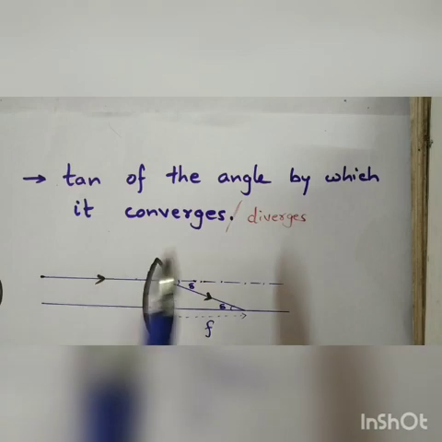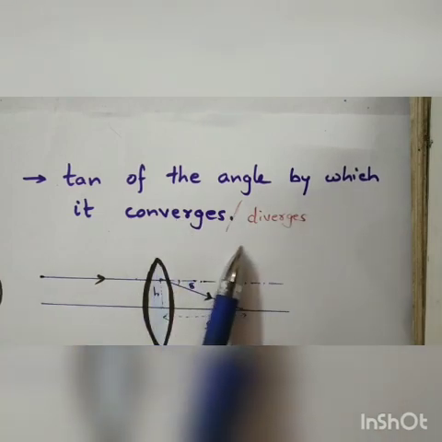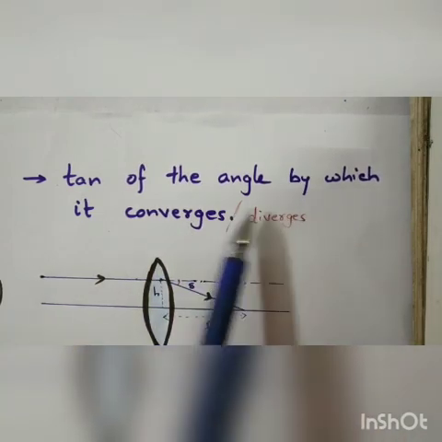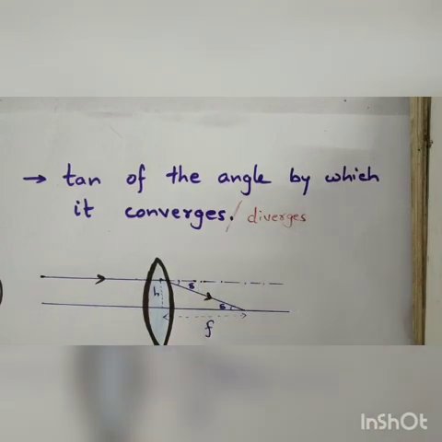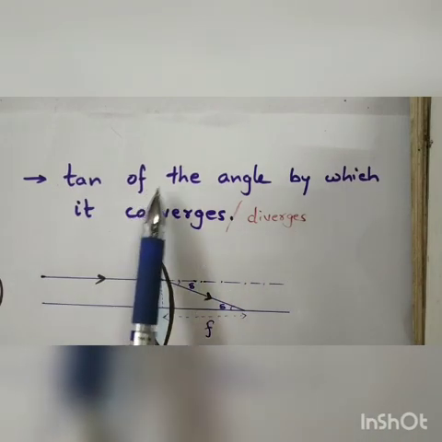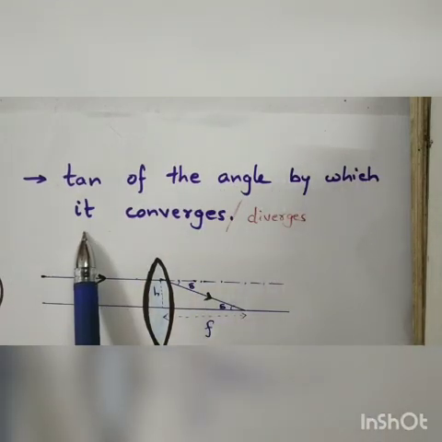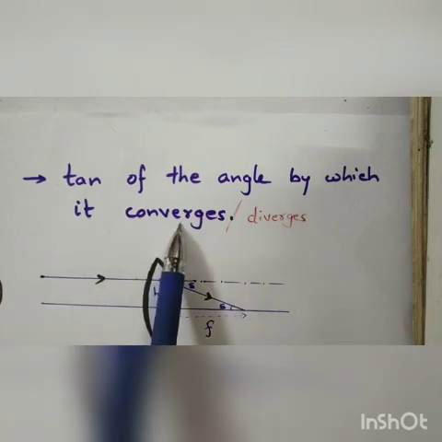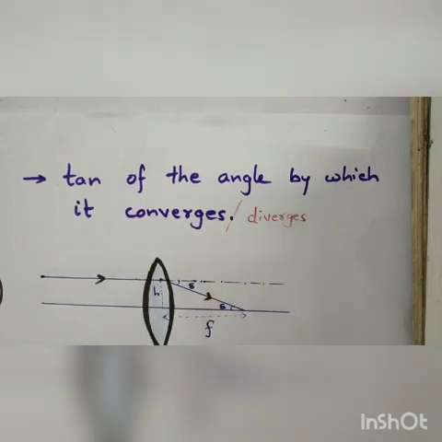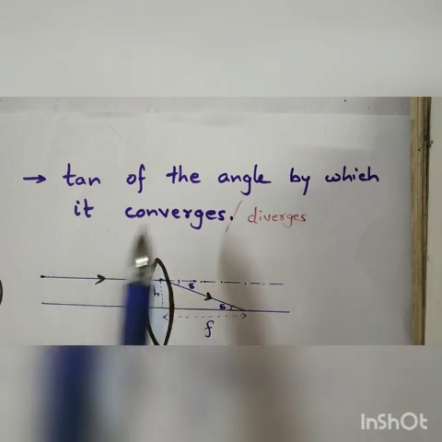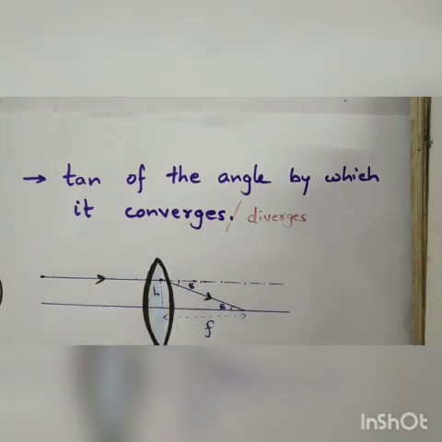For a concave lens, it diverges. So if you are talking about a concave lens, instead of converges, the term is diverges. Converging power, actually that is the meaning of power. Converging power or diverging power.